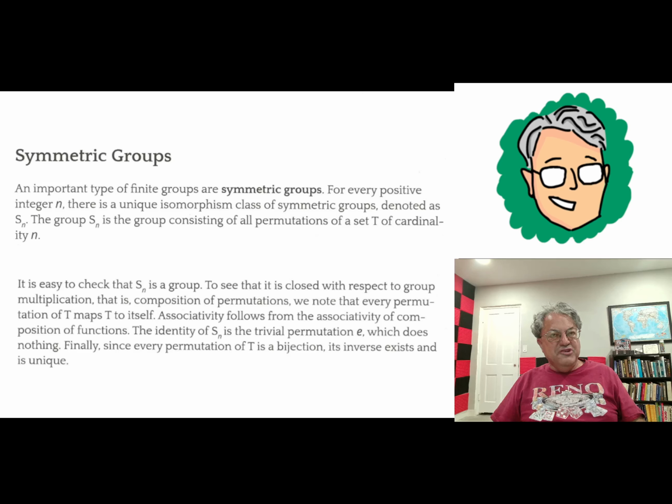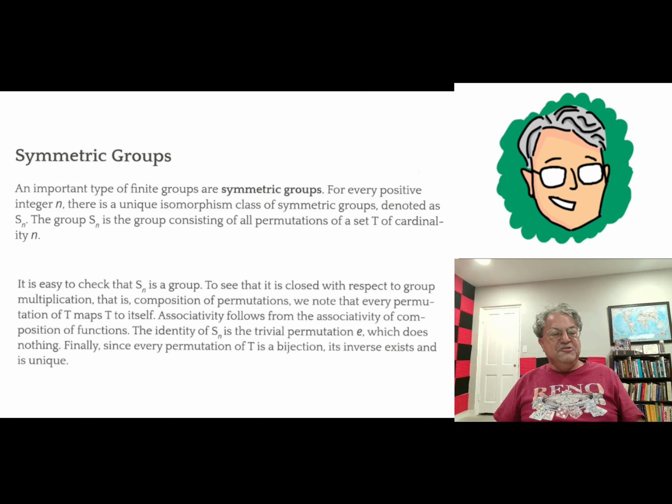So it is closed. What about associativity? Well, yeah, it doesn't matter which order you group the compositions. This is true of functional composition in general. You know, if you have 3 functions, say f, g, and h, it doesn't matter whether you do g of h first and then compose that with f, or you do h first and then compose that with f of g. I think I went over that before.